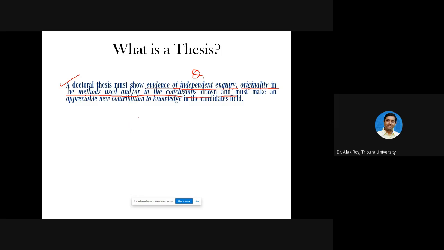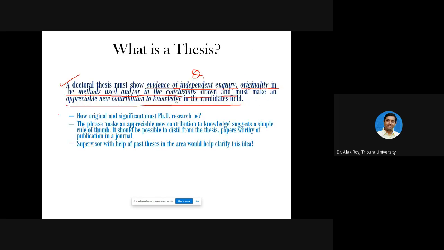The same thing that I have just explained. So the thesis must show proof that the question is valid, and the approach and solution that the student has used, these are the methods used in the conclusion drawn, must make an appreciable contribution to the knowledge. Okay, whatever you write, that should contribute knowledge to the society.